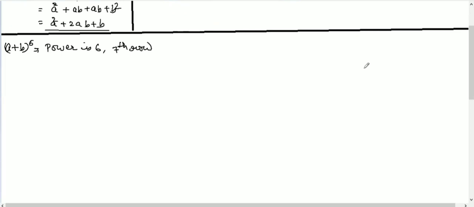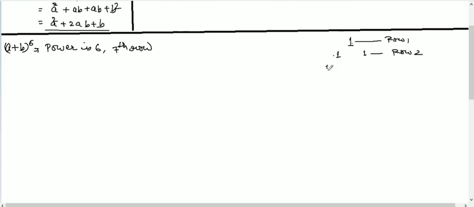So how will we draw the Pascal triangle? Let's draw it here. I'm going to draw it from here. So 1, and underneath write 1 on both sides. So this is going to be row 1 and here it is row 2.